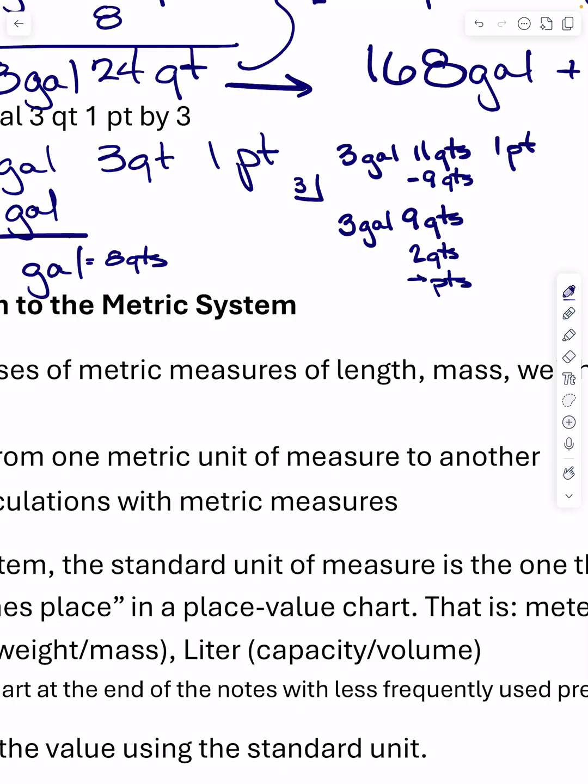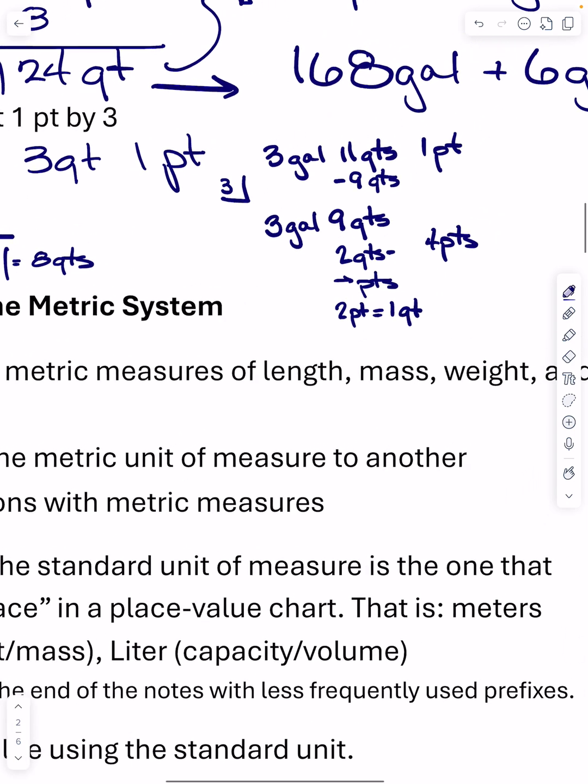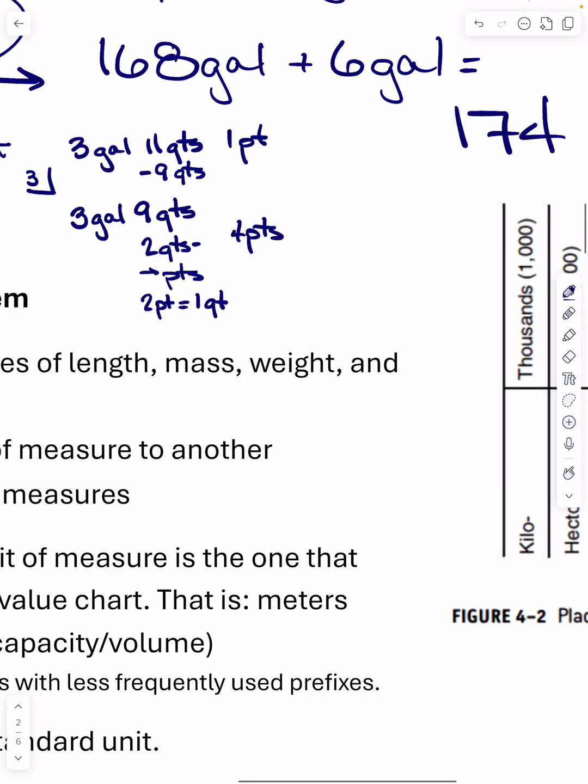There are 2 pints per quart. So 2 quarts makes 4 pints. Which means I can rewrite this as 3 gallons, 9 quarts, and 5 pints.